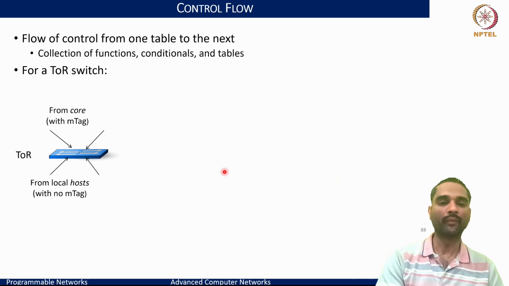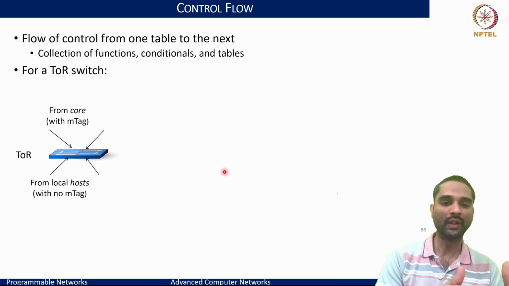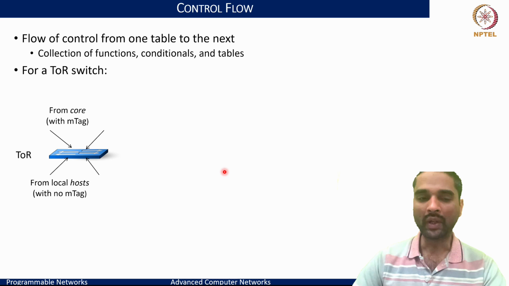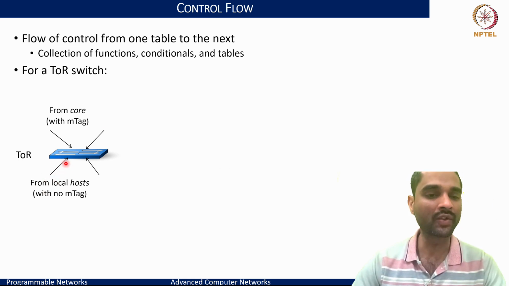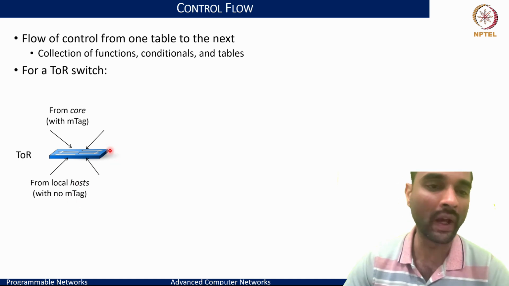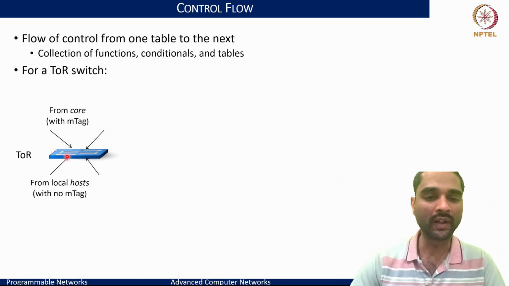So from the top of the rack switch, we get connections where, if the local hosts are sending the packets, they don't have the M tag, so you would add the M tag and send it up.